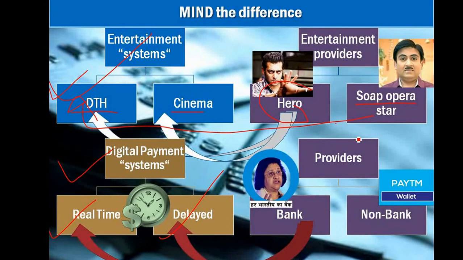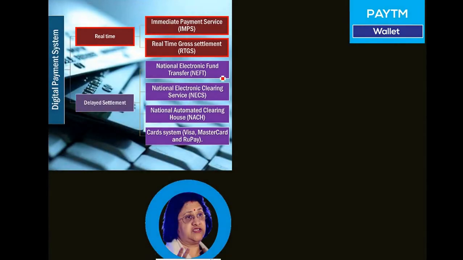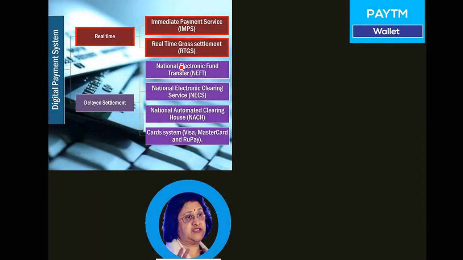In a similar way, in the digital payment system we have real time settlement or delayed settlement, and the provider of these digital payment services can be a bank or a non-bank entity.